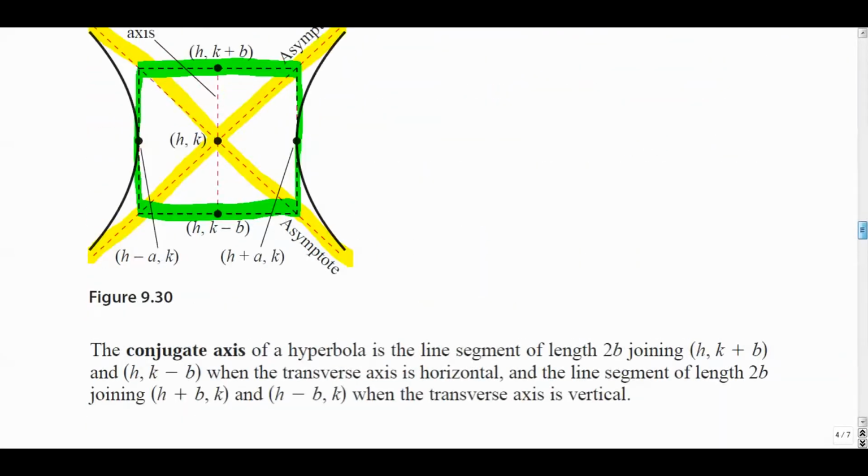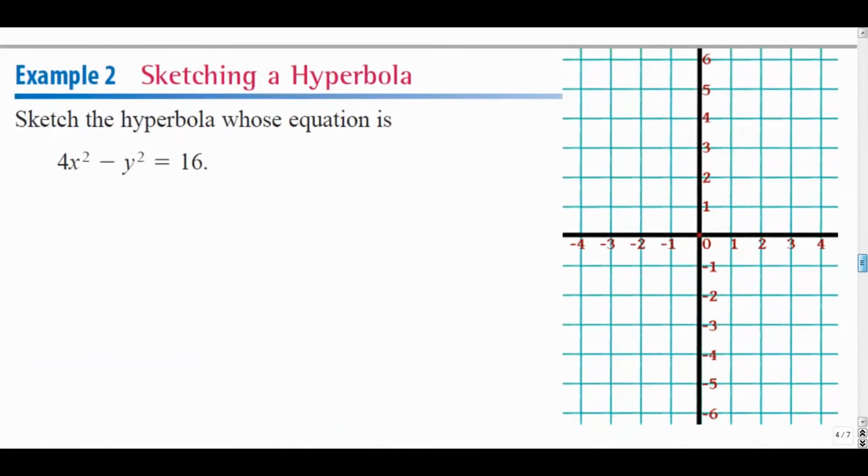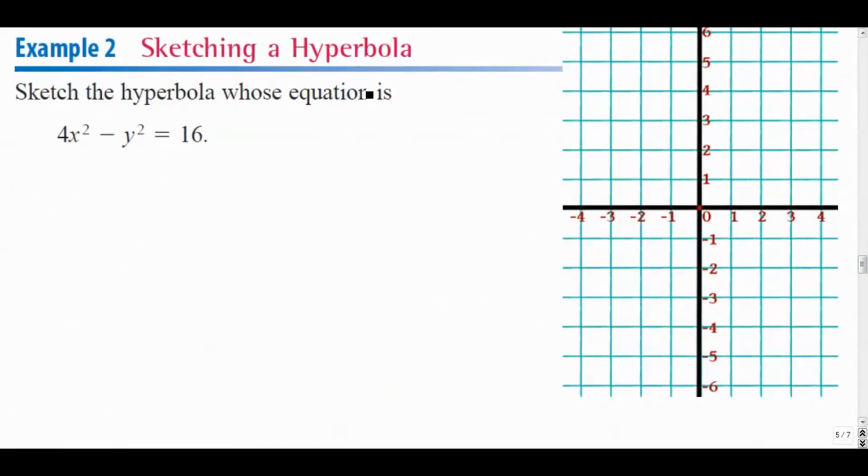This is kind of a crazy thing, but if we get some practice, hopefully you'll see that it's not too tough. Number 2, this is actually the first example today in this video, but example 2 overall, because this is a continuation of the last video. So first thing we're going to do is, when we see a hyperbola, you're going to notice there's a minus sign in the middle, and if there's ever a number over here that is not 1, you want to just get it to be 1.